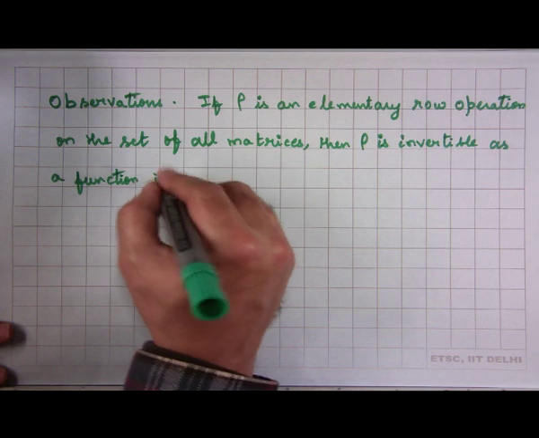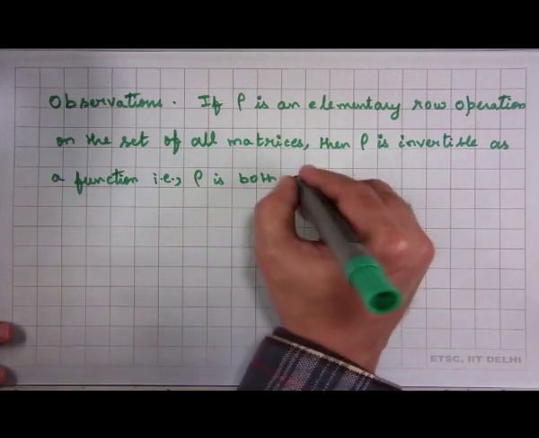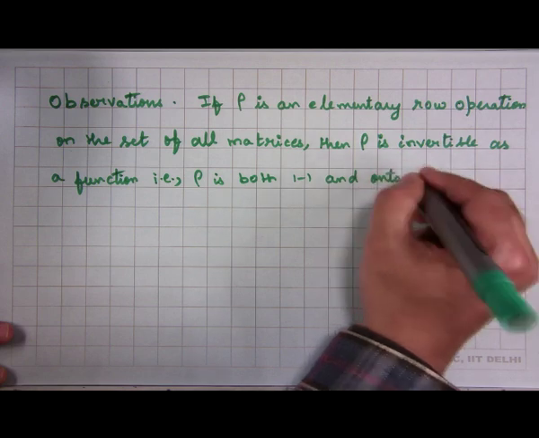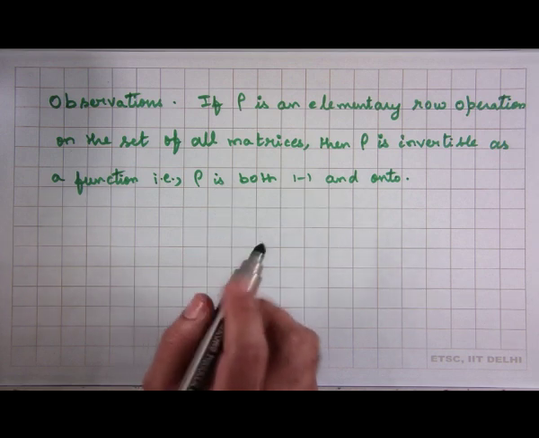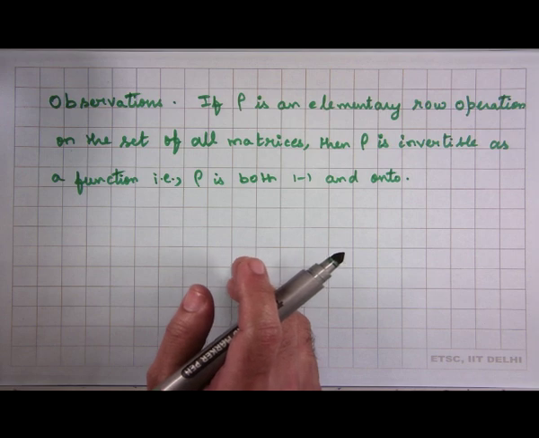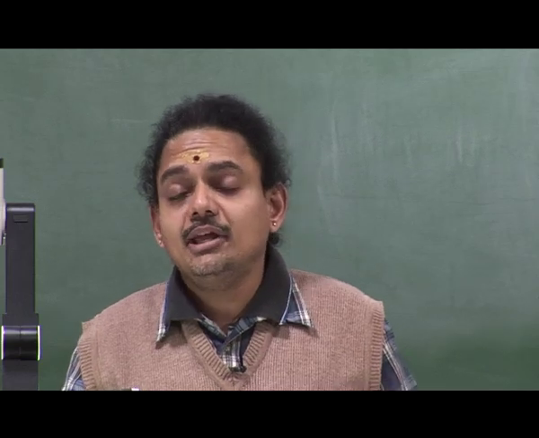That is, rho is both 1-1 and onto, which means that you get another function g such that rho composed with g is equal to g composed with rho, which is equal to the identity on the space of matrices.